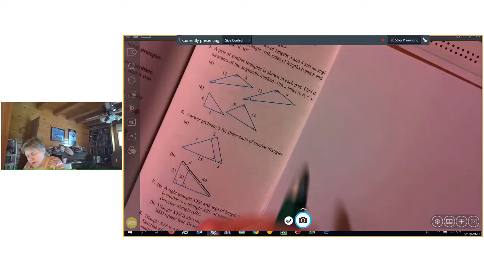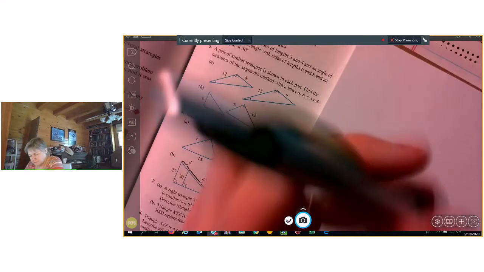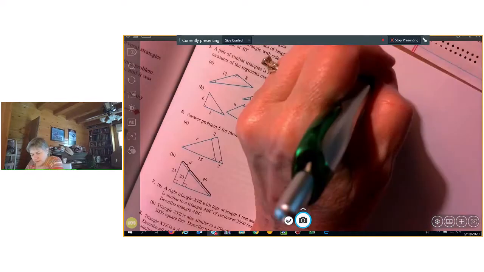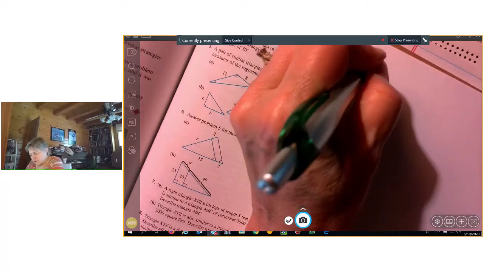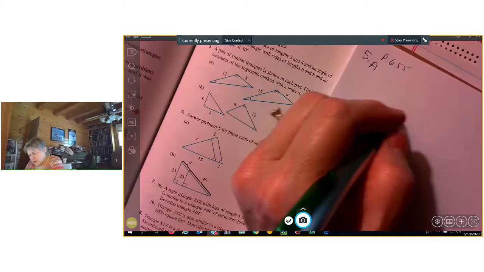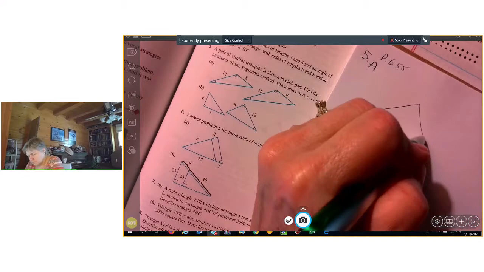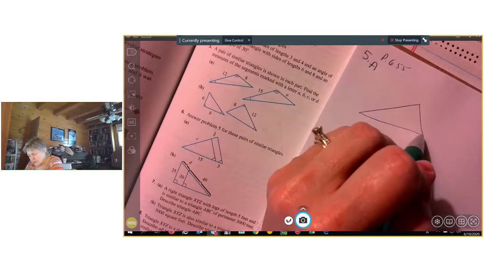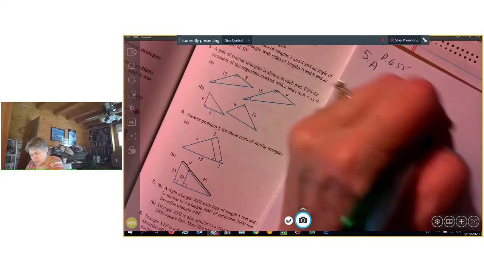So the first thing I would do is actually draw these triangles out. And this is A under number 5 on page 655. So if I draw these, and this is an angle here, we know that this is side 8 and this is 12.